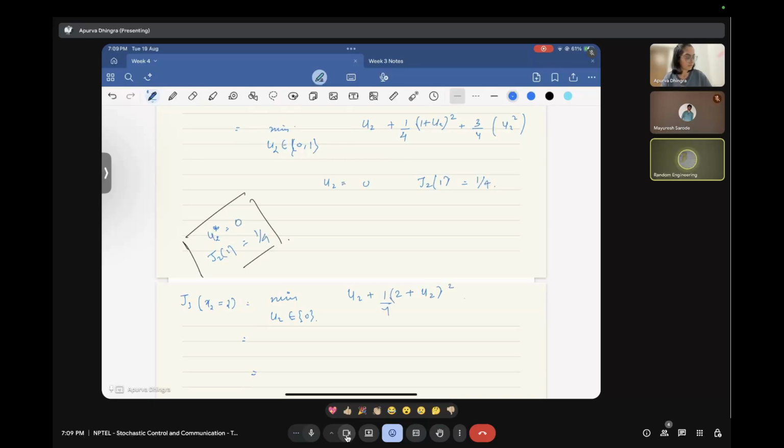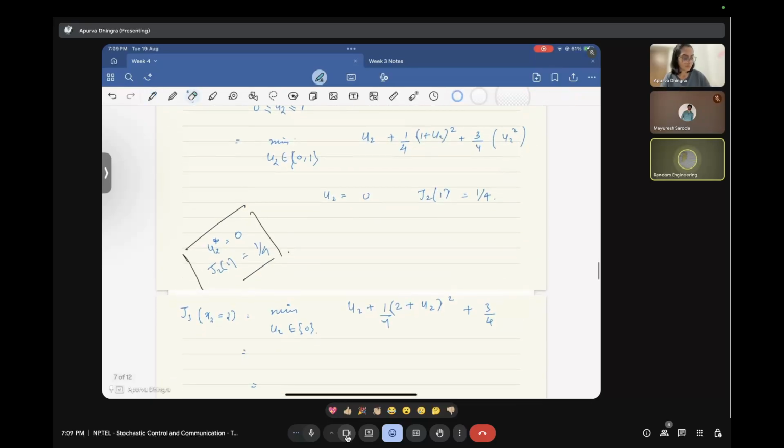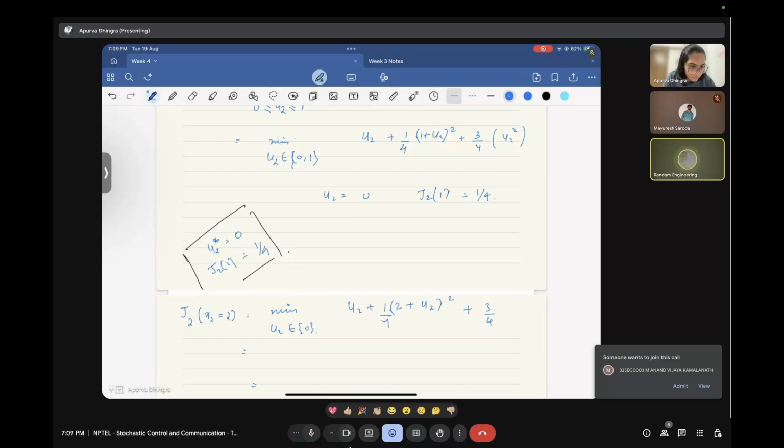But anyway, when I calculated for 1 and 2 also, it is very high. Like I did calculation for u2 equal to 1 and 2 for J3, x equal to 2. It is out of range only, but there is no point. Those numbers are very high. What numbers?